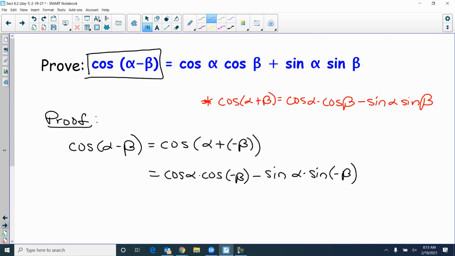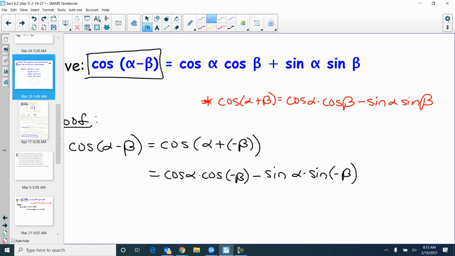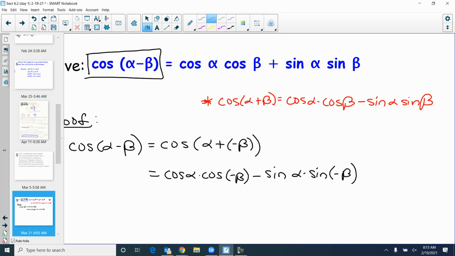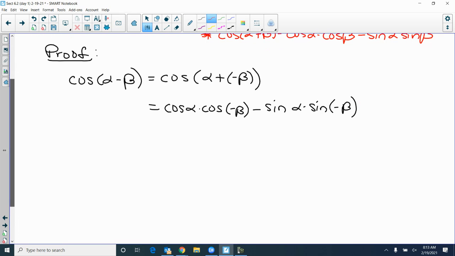Now, if you notice, you don't see a negative beta in that final answer. Can't have it. So we can't have a negative beta. But the sine of a negative angle is going to be the opposite, and the cosine of the negative angle is going to be the same, because cosine is even and sine is odd. So I'm going to use those facts.